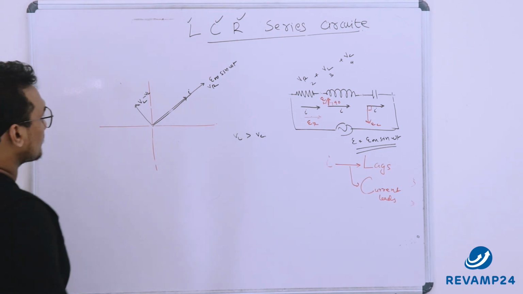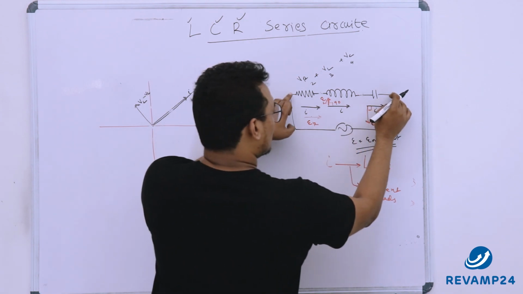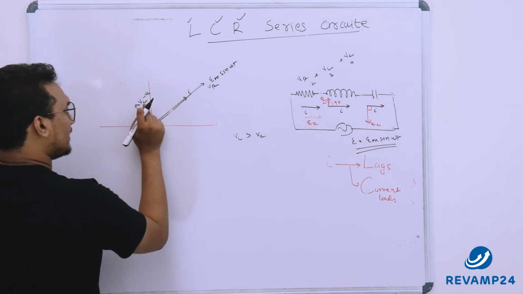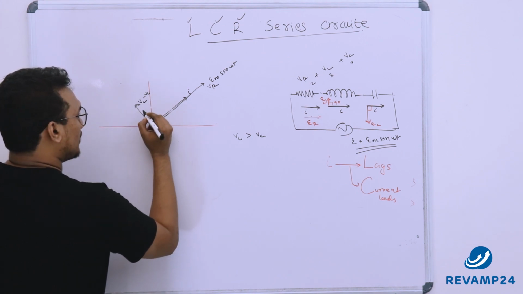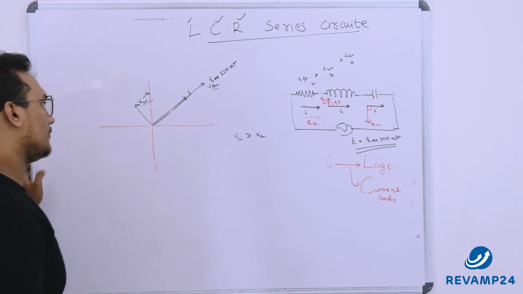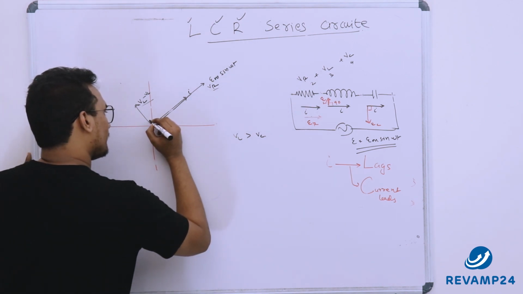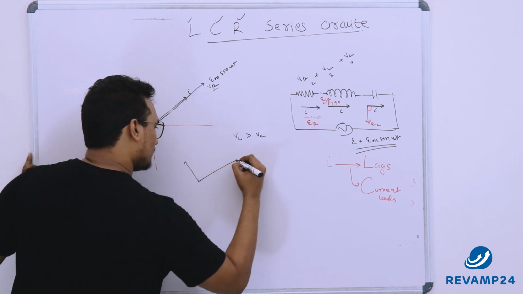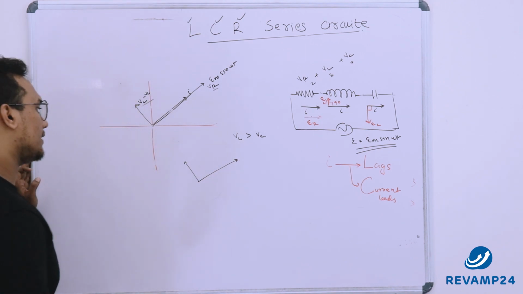Now, how to get the total potential difference? I have to add all these three, right? So I have already added VL and VC. Now I have to add VL minus VC and VR. So they are 90 degree in between, right? If the directions are 90 degree in between, then how to get the net?